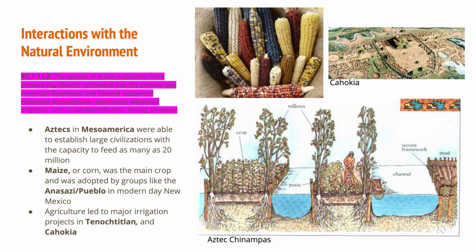The use of corn went up north through North America, reaching the Anasazi or the Pueblo people in modern day New Mexico, even as far north as Colorado. We see these cave dwellers who are using agriculture and planting things like corn into the Mississippi River Valley with the Cahokia mound builders.